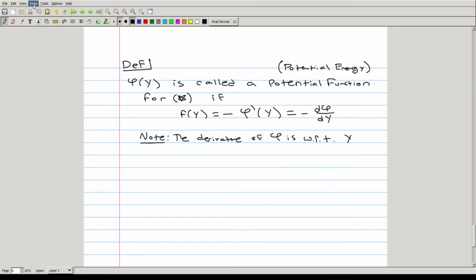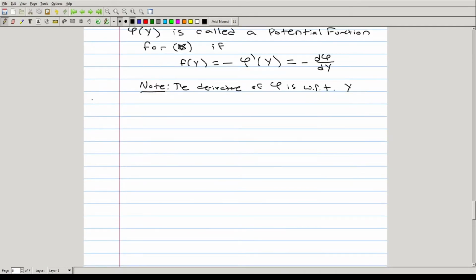And if this is the case, we can actually prove a number of different things very nicely about properties of the general solution to our differential equation.